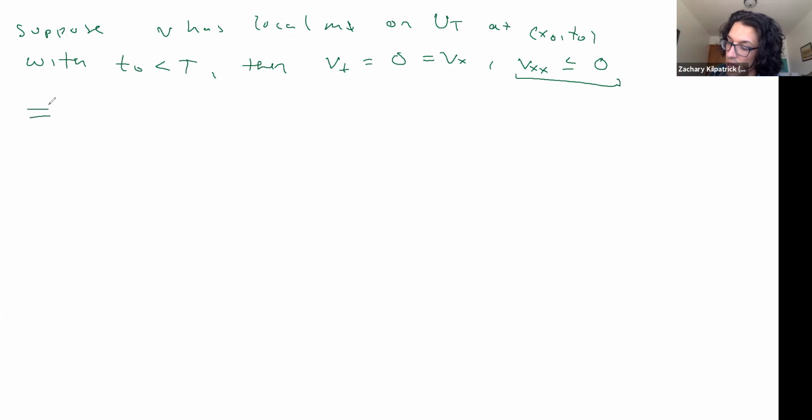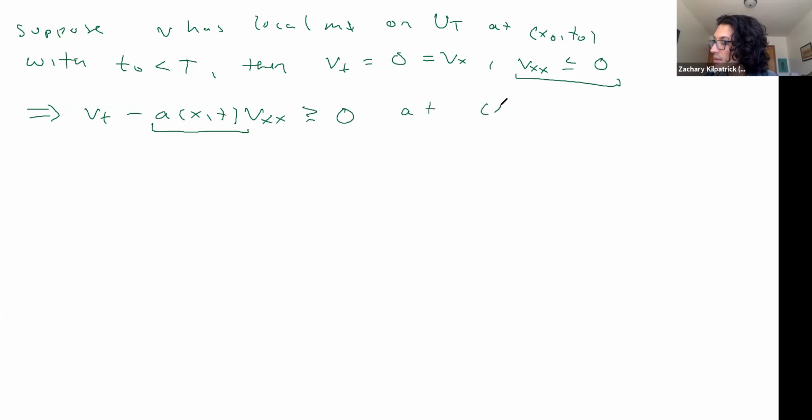So this implies that v_t minus a(x,t) v_xx: this is 0, and then this thing is greater than or equal to 0, and this thing is actually strictly greater than 0. So the whole thing is greater than or equal to 0 at the point.